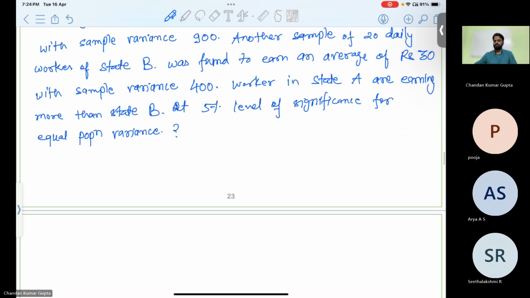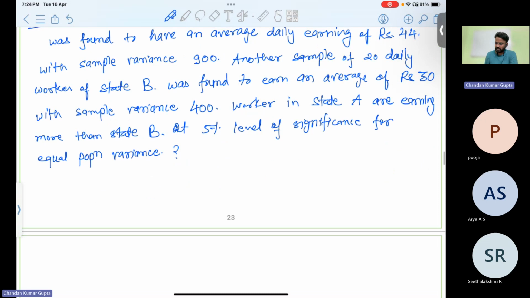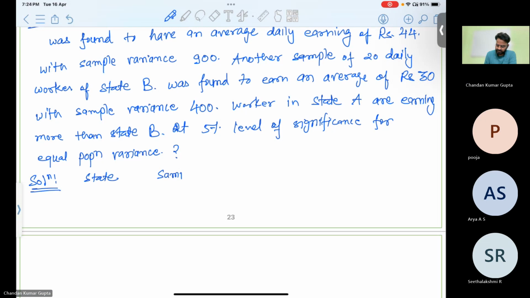Similarly, we are given a table: this is the sample size, this is the mean, and this is the standard deviation.